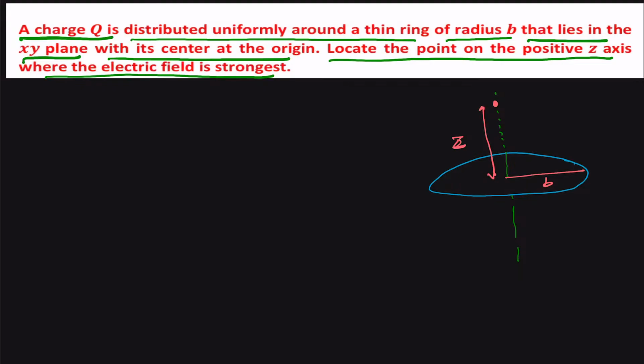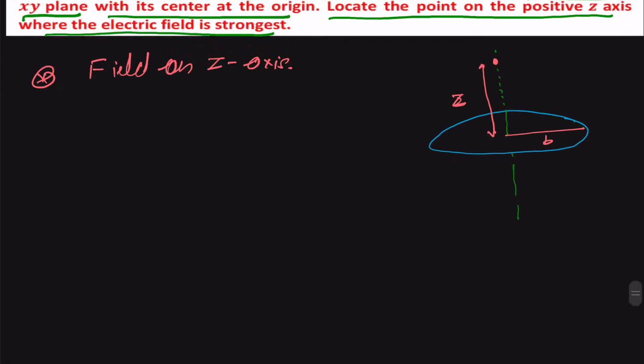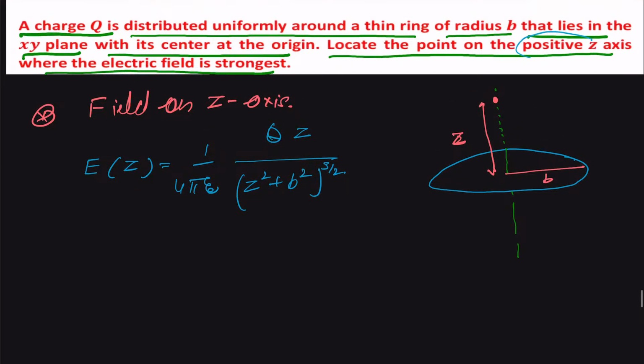Therefore the electric field on the z-axis, E of z, will be equal to 1 upon 4 pi epsilon naught times q z upon (z square plus b square) to the power 3 by 2, which is the standard formula. And we have to remember that we are going to solve it for the positive z-axis.